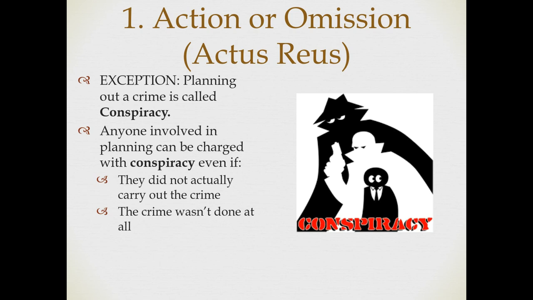For example, if 4 individuals plan to rob a bank and they devise a plan, they can all be arrested for conspiracy to commit robbery. Even though they did not do the action of committing the crime, they are still held criminally liable because they legitimately planned it out. Okay?